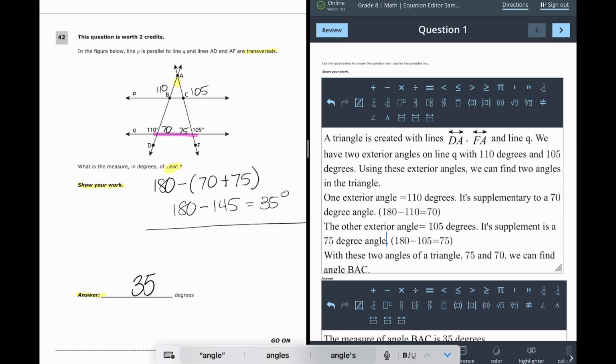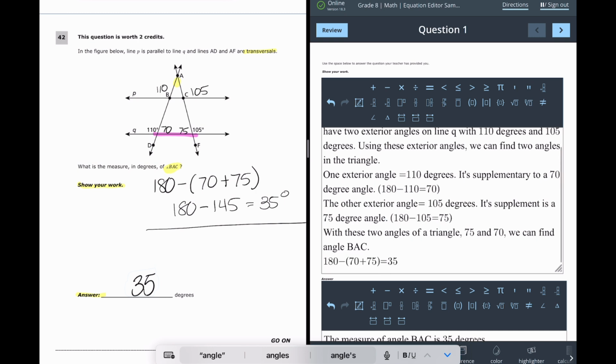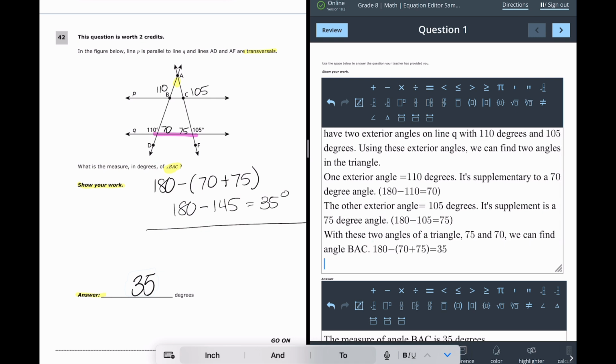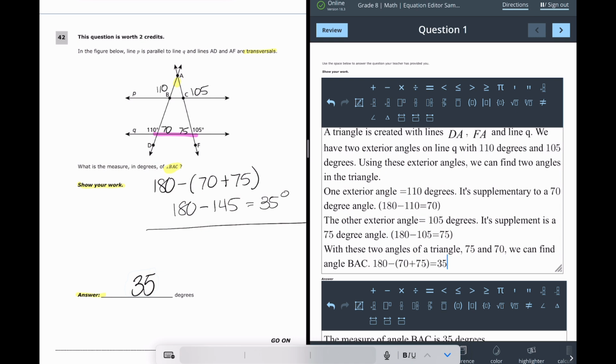With these two angles of a triangle, 75 and 70, we can find angle BAC. 180 minus parentheses 70 plus 75 is equal to 35.